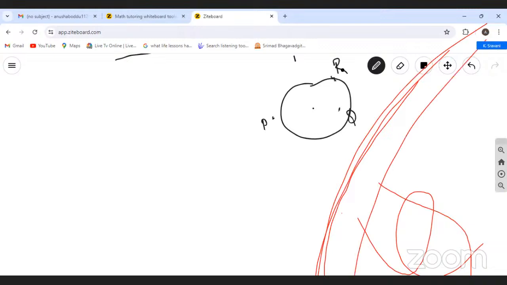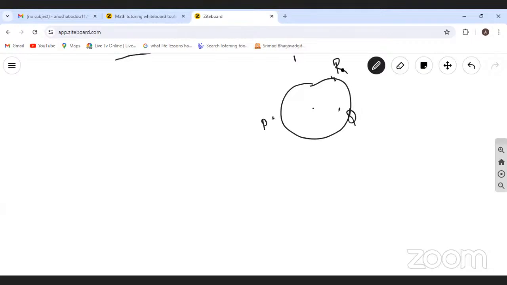Sorry. The area of the triangle they gave you is 37. Find the number of such points. So they are asking us to find the point R. Okay. So let us see the answer here.